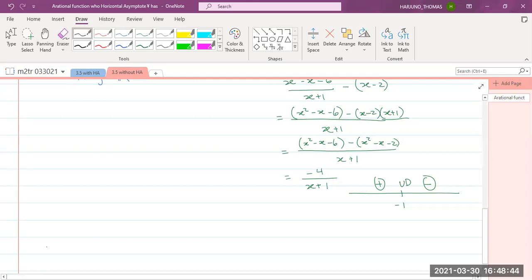Okay, let's do one more, number 39, the one with the slant asymptote. Number 39, we have f(x) equals (8 minus x cubed) over 2x squared.